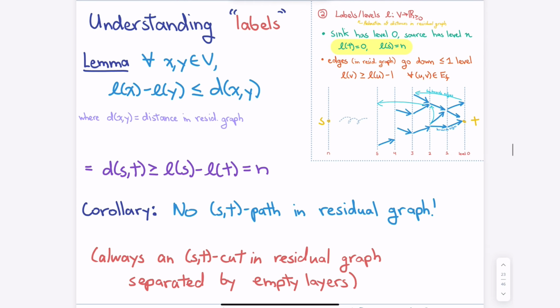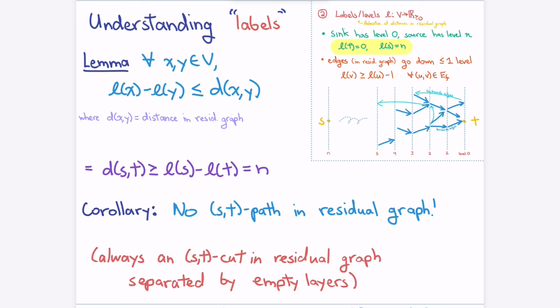And so that starts getting you some observations. For example, you know that the distance from S to T is at least n from this bound. But the maximum finite distance is n minus 1.